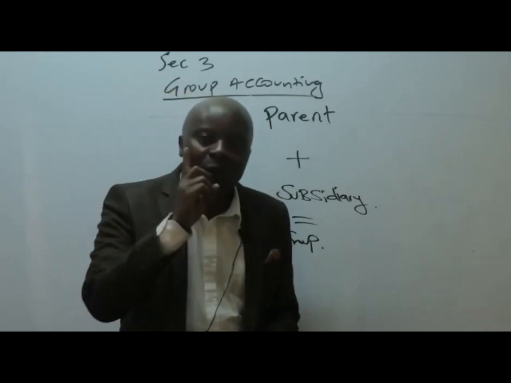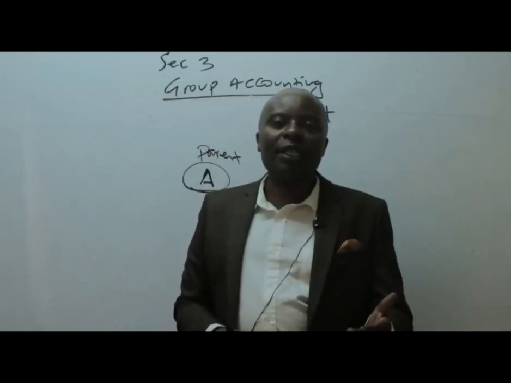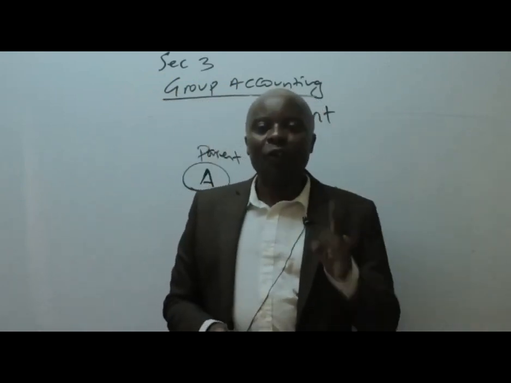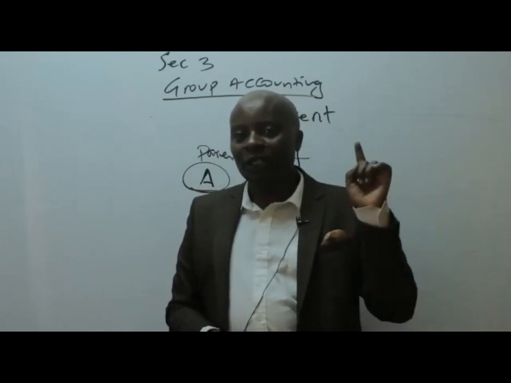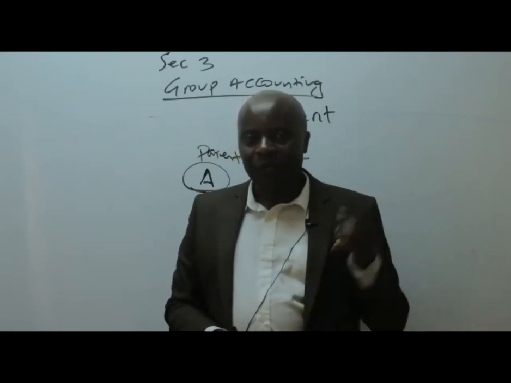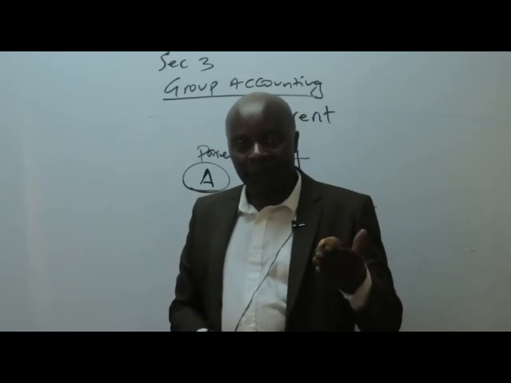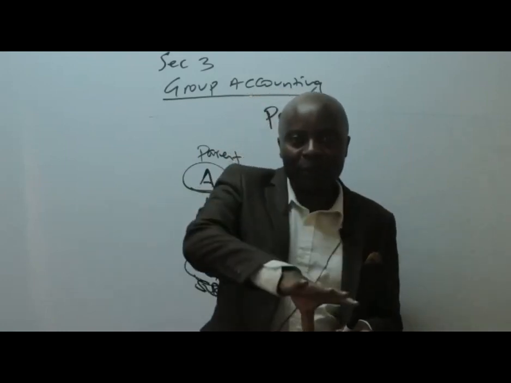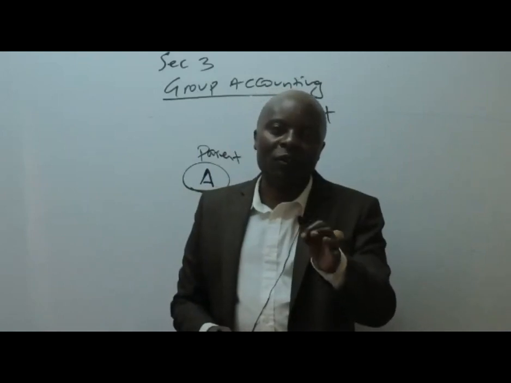So we are saying number one, the first condition for us to say really that this is your subsidiary: you must have power over it. You must be the one who is calling the shots at the board level, for example. You are involved in decision making, so you've got power. Power, of course, we'll be able to see. If you decide this has to happen in this company and it happens, then we'll say that you are powerful. You have power over the company.